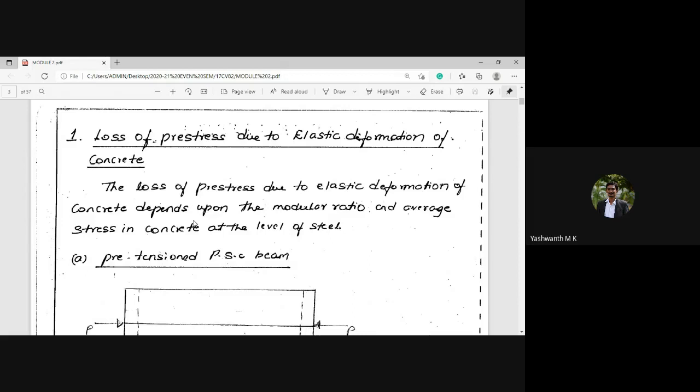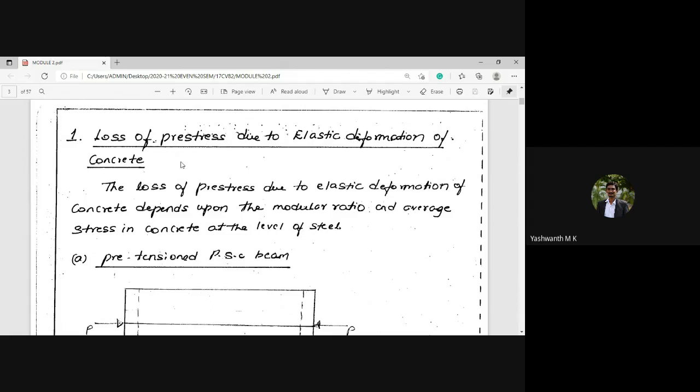As we know from the table, the first loss is loss of pre-stress due to elastic deformation. You know what is the meaning of elastic deformation? Whatever cable has been put inside the concrete beam and tensioned, later I'm going to pour the concrete and allow it to cure or get hydrated.